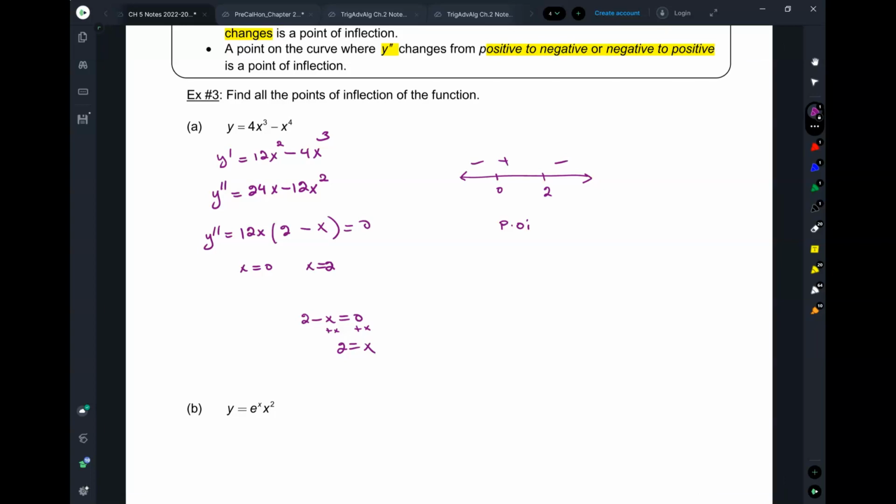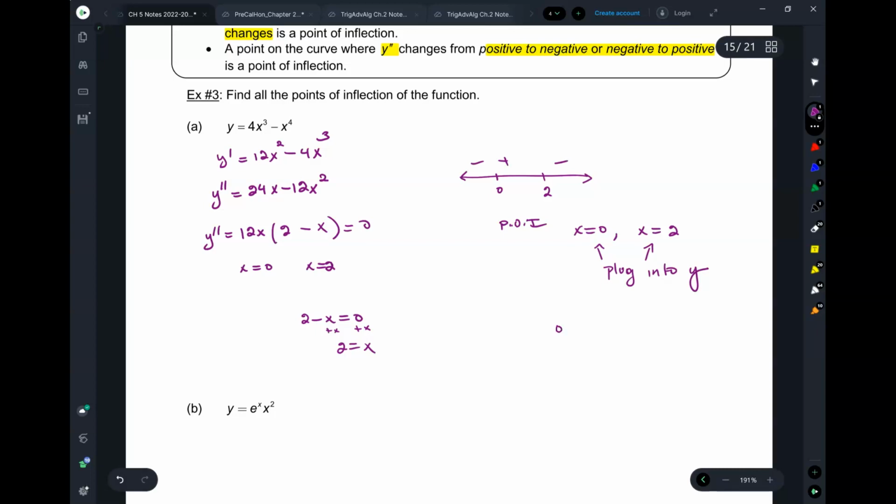So then we say point of inflection, POI: x equals 0, x equals 2, but then plug it into the y, so you get 0, 0 and 2, 16.